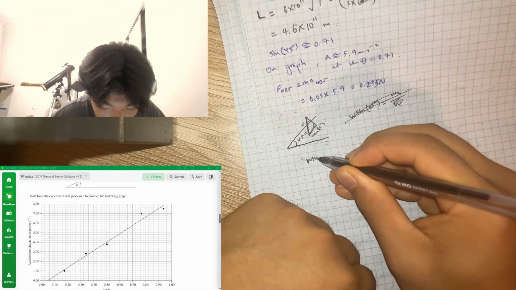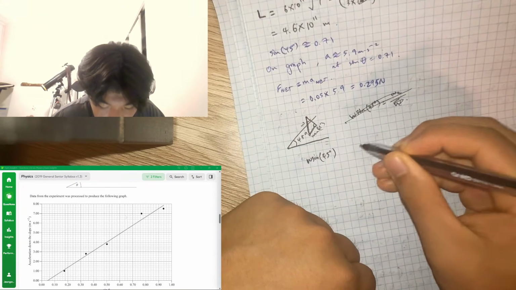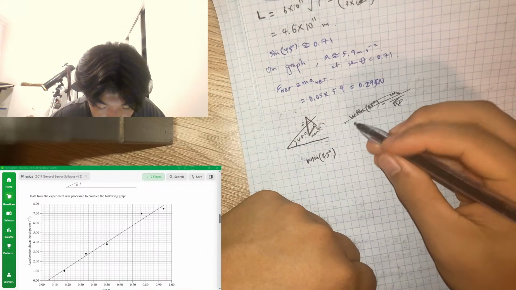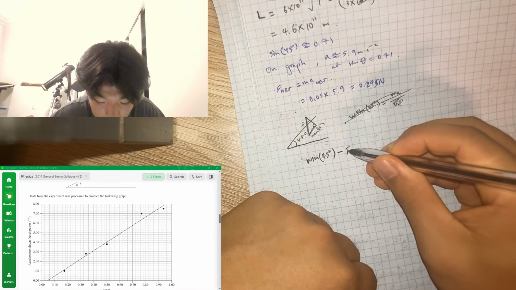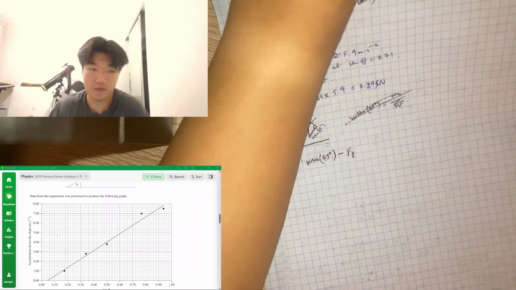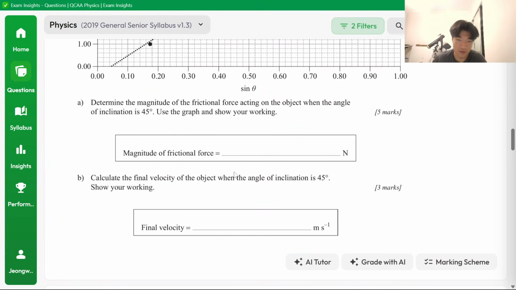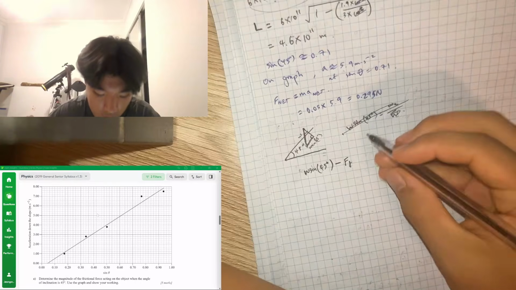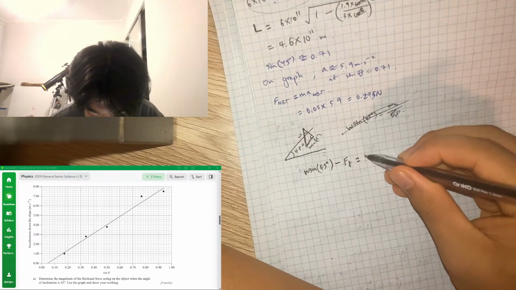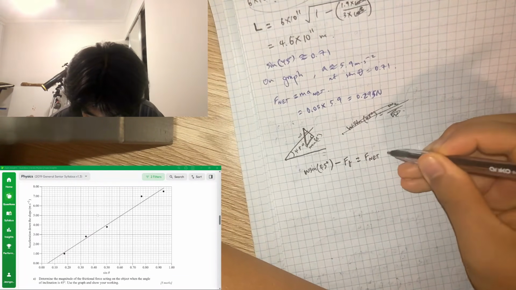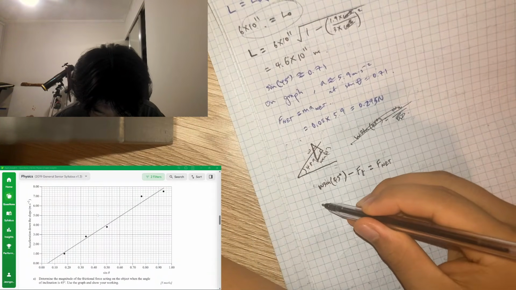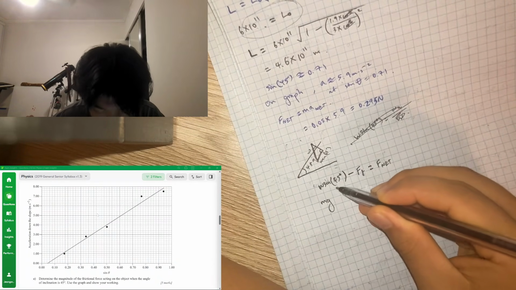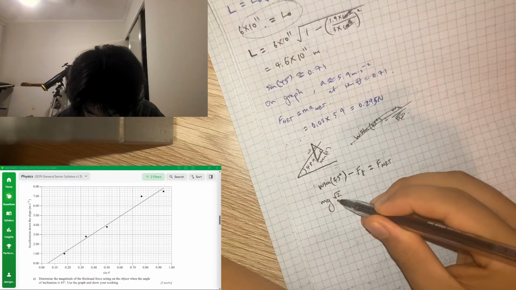So W sine 45 degrees is acting downwards, and then we subtract the force due to friction. I think the question is after the frictional force. It says magnitude. So that's why I did minus, because then it will give me a positive answer. So this is net force, basically. Okay. Weight is mg. And then sine of 45 degrees is just square root 2 over 2.